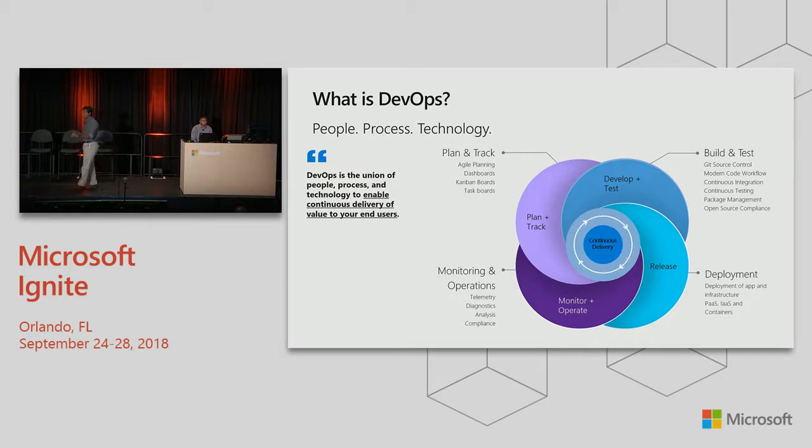Many people who've tried doing DevOps in their enterprises and failed will tell you exactly this. If you don't have the right people with the right mindset, set up the right processes to be able to build, deploy, and monitor your code, and set up the right technology to be able to do those operations, your DevOps pipelines tend to fail.